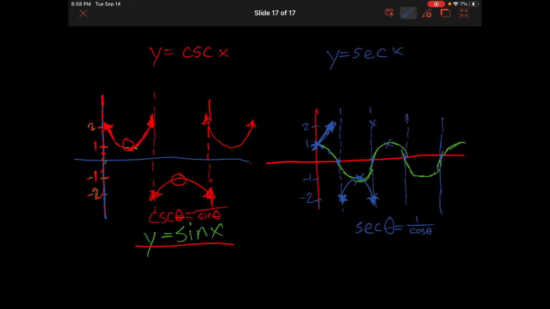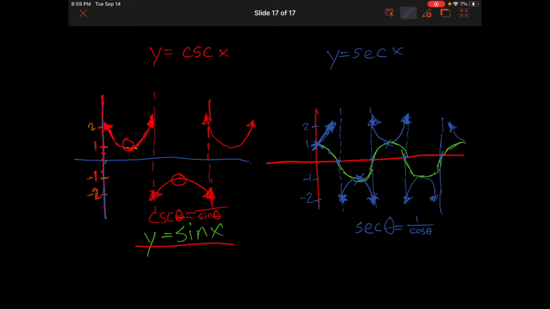So hopefully you're starting to get a feel for this and notice the pattern. Again, same deal with 1 divided by negative 1/2 and 1 divided by negative 1. Lastly, 1 divided by 1/2 is 2, and so on.